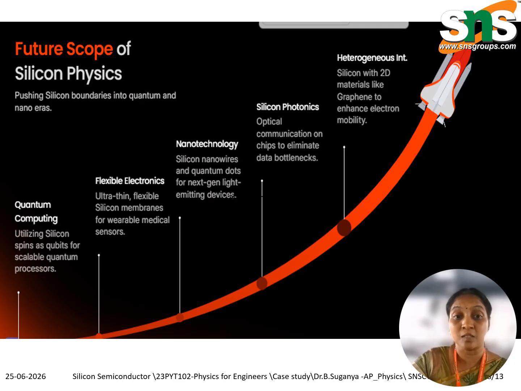Flexible electronics is used in the sensor field, then nanotechnology, silicon nanowires and quantum dots for next gen light emitting devices, silicon photonics, optical communication on a chip to eliminate data bottlenecks, and silicon with 2D materials like graphene to enhance electron mobility.